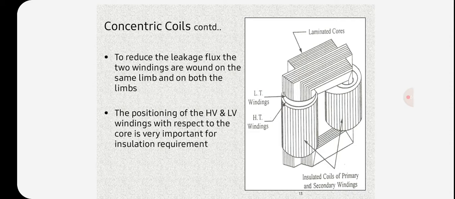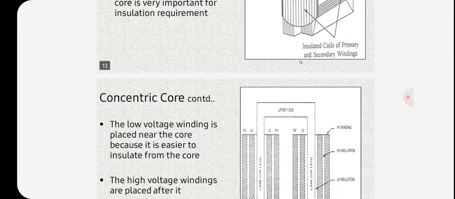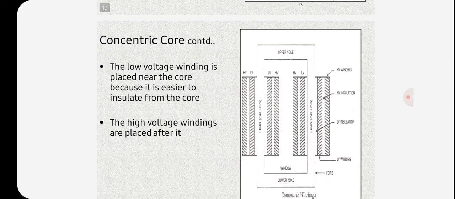The positioning of the HV and LV, high voltage and low voltage windings, with respect to the core is very important for insulation requirement. The low voltage winding is placed near the core because it is easier to insulate from the core. The high voltage windings are placed after it.